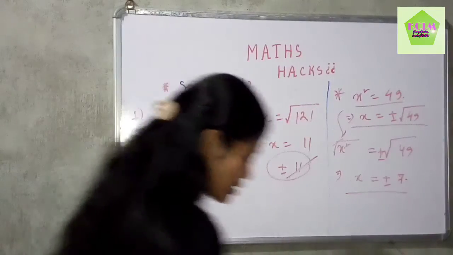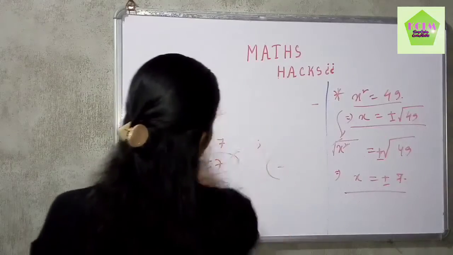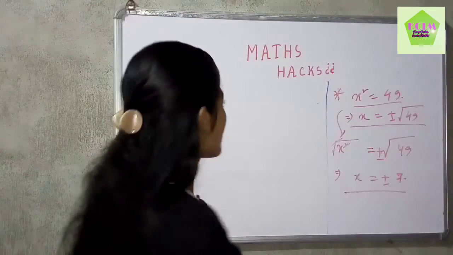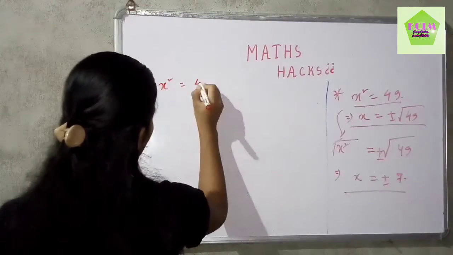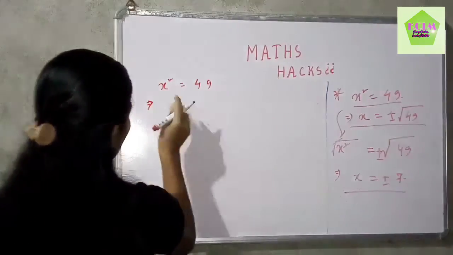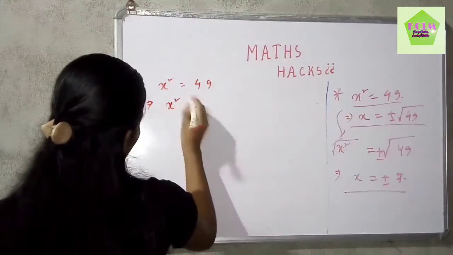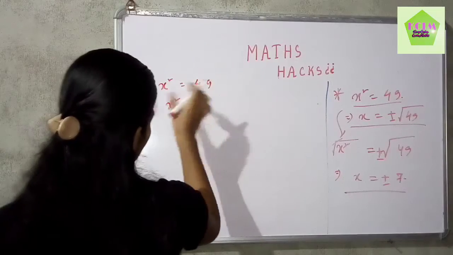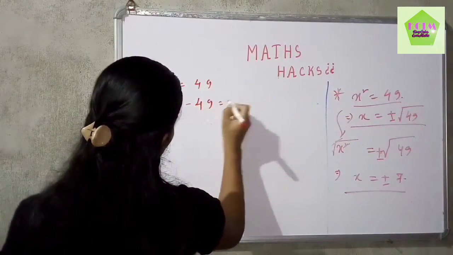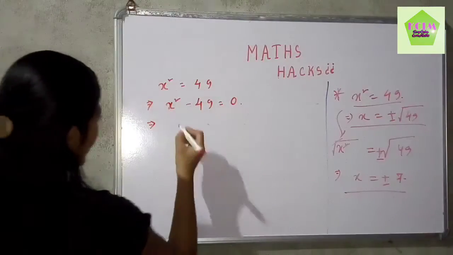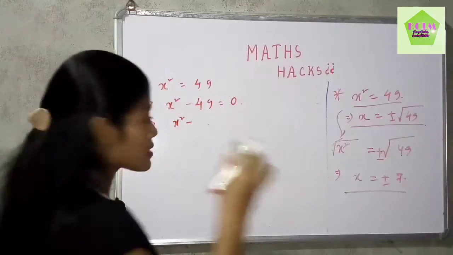So the point is, if I say x squared equals 49, then it can be written in this way also. If we take 49 to the left hand side, it becomes minus 49, as you all know. Then x squared minus 49, where 49 is 7 squared.